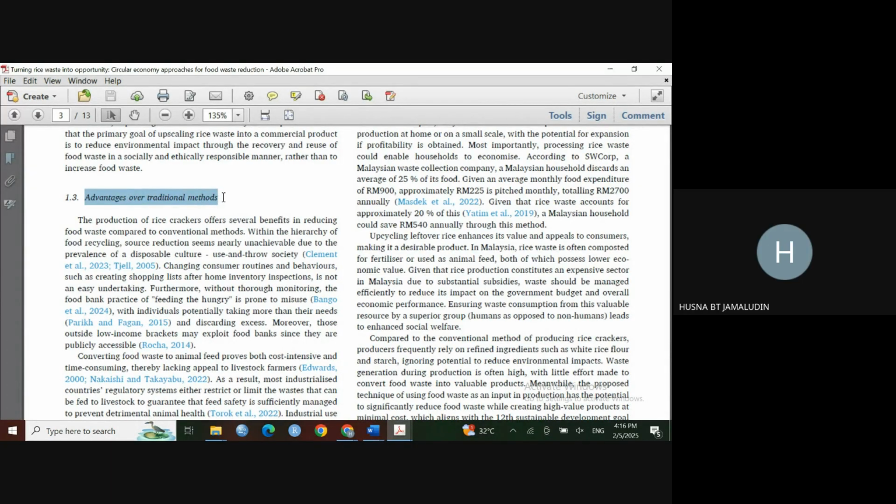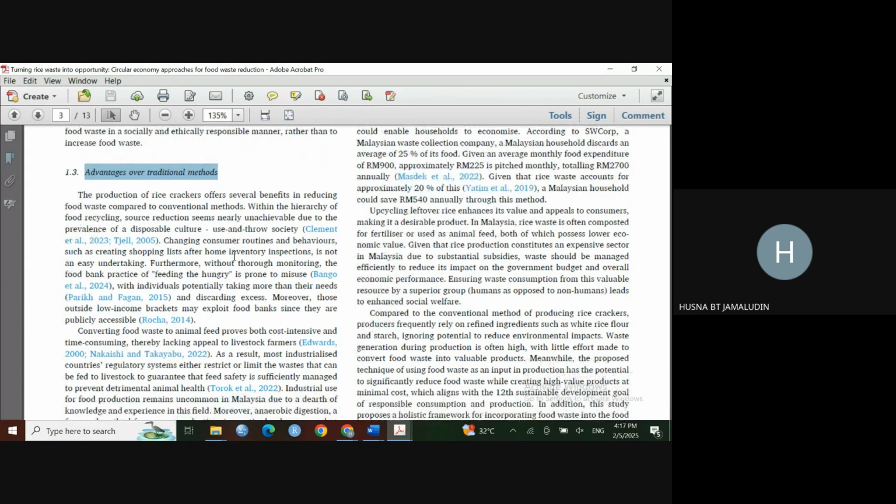When you are dealing with food waste, the United States gives a few traditional methods to handle it. But we are saying that the traditional method is not working, so our proposed solution has many advantages. We list down all the advantages to show that your paper is giving some contribution.